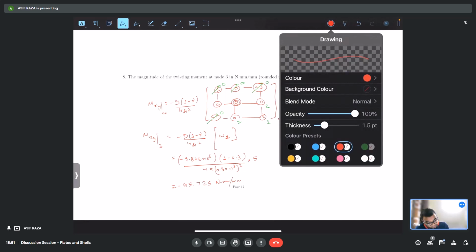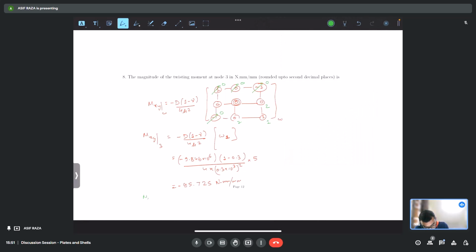Thus Mxy is equal to minus 95.7273 Newton mm per mm. Okay, so when we take the magnitude, it's equal to 95.73 Newton mm per mm. So this is the answer.